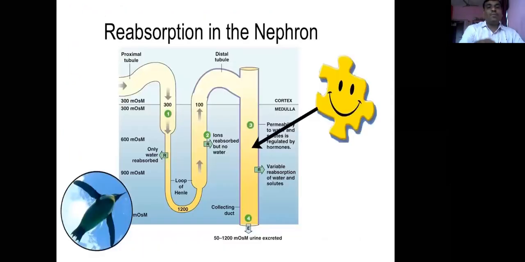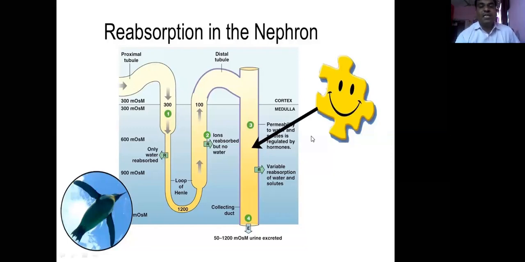Especially the process of reabsorption takes place in this way. Here only water is reabsorbed, but here ions are reabsorbed. It means the descending and ascending limbs of the loop of Henle absorb water in some places, and in some parts important ions.